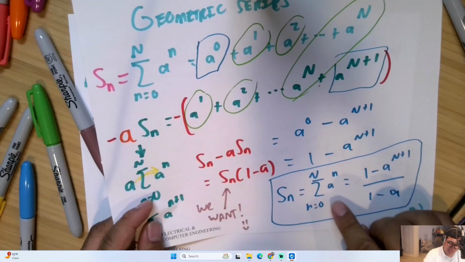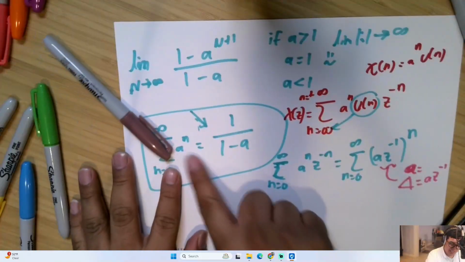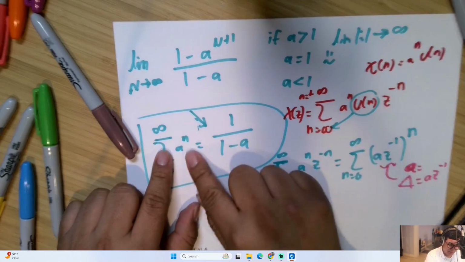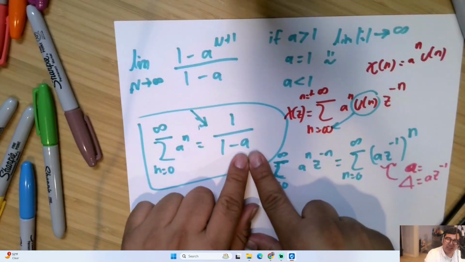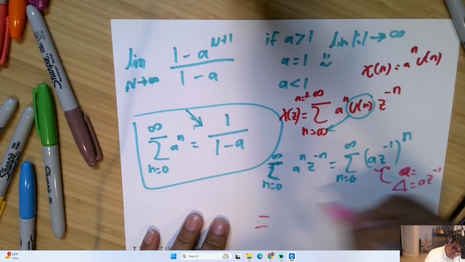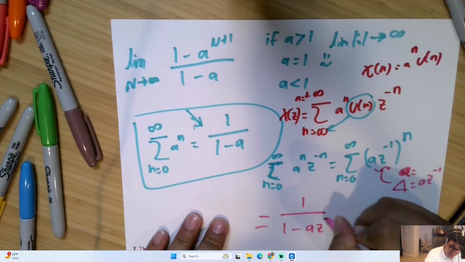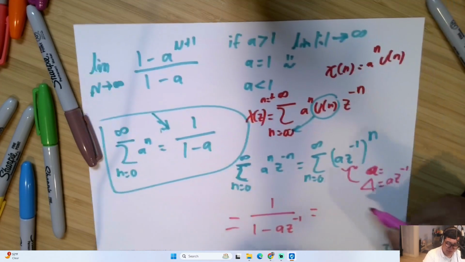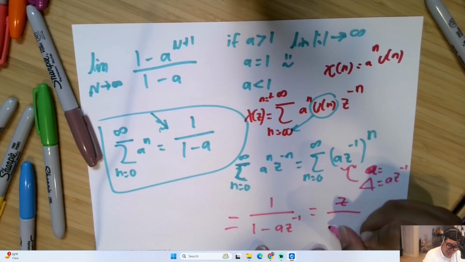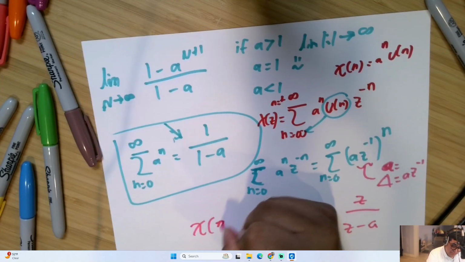Just imagine that a z to the minus 1 is a triangle, and it goes right there in the box. If I brute force it, you get 1 over 1 minus a z to the minus 1. To be complete, multiply top and bottom by z. You get z over z minus a, and that is X of z.